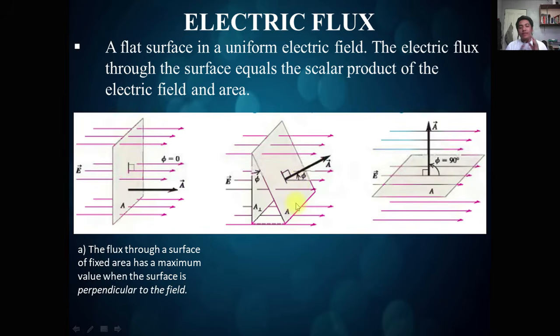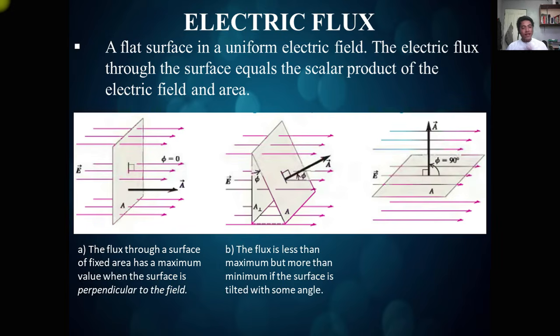So what do we expect? If theta is less than 90 degrees but more than 0 degrees, we have an electric flux that is less than the maximum, but more than the minimum, if the surface is tilted with some angle between 0 and 90 degrees.